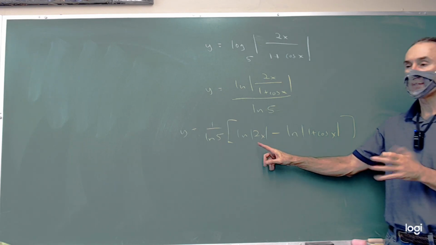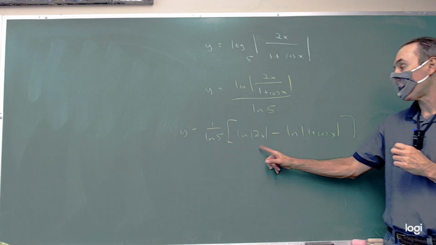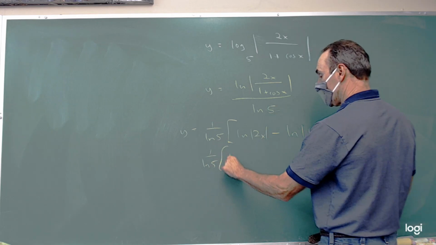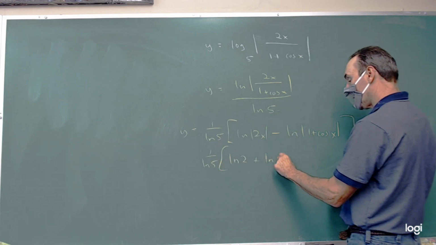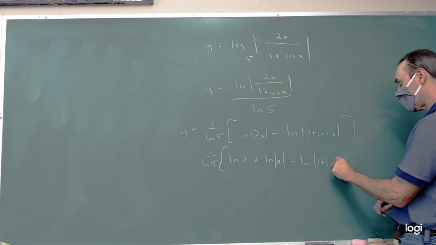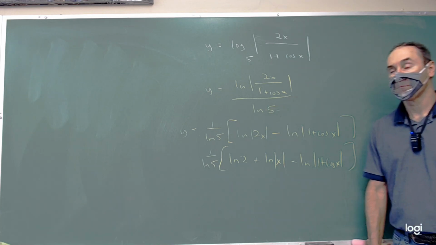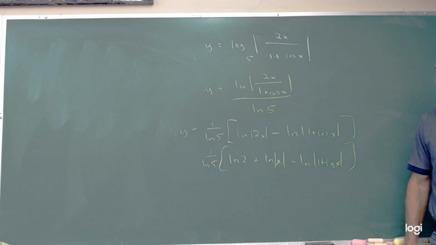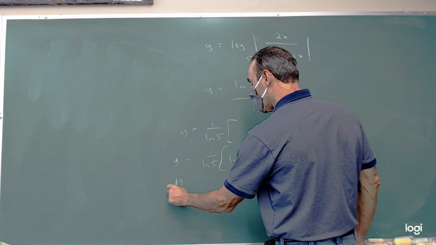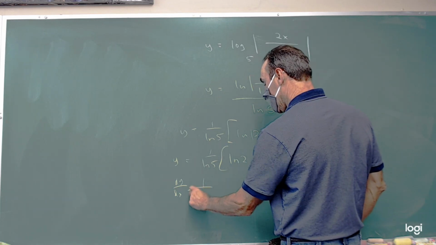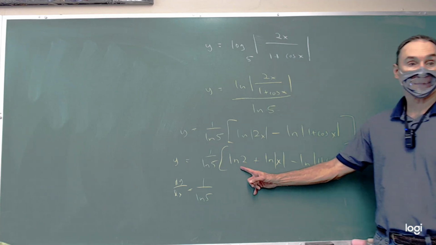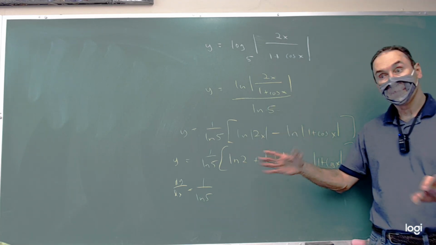Now this one isn't a big deal because it's not a hard chain rule derivative, but you could further break that down into the natural log of 2 plus the natural log of x minus the natural log of 1 plus cosine x. But that's an optional step. Now when you go to differentiate it, the constant just hangs out, so you don't have to do anything with that at all. This is a constant, so its derivative is 0.